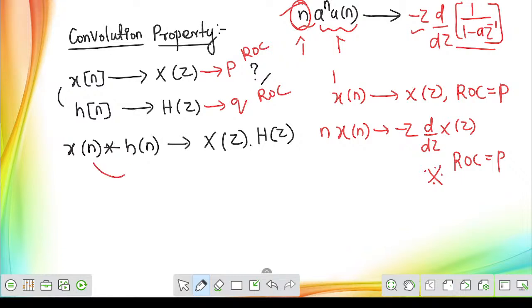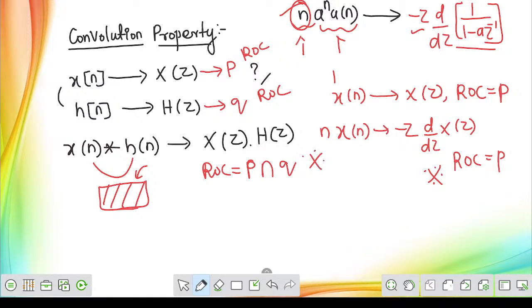Always remember, convolution means the area that lies under the covered portion. During convolution, two signals are mixed with each other, that is, overlapping each other. So we consider only the overlapped area. The overlapped area means the common zone between the two signals. So for the corresponding ROC, you have to take P intersection Q, the common zone. That is the resultant ROC when two signals are involved in convolution.